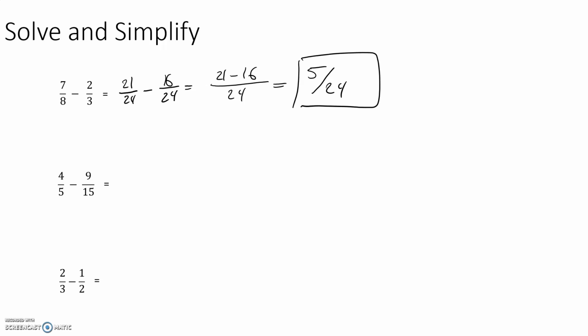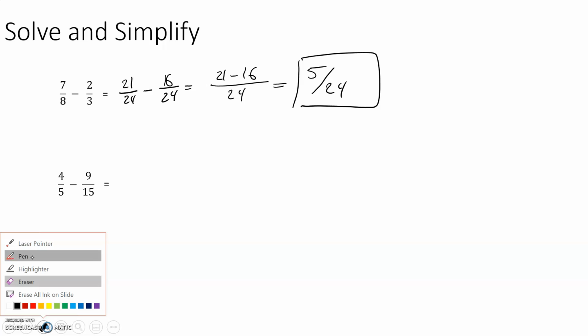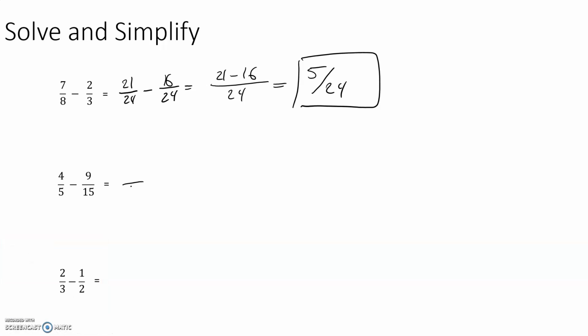All right, number 2, 4/5 minus 9/15. My common denominator is going to be 15.